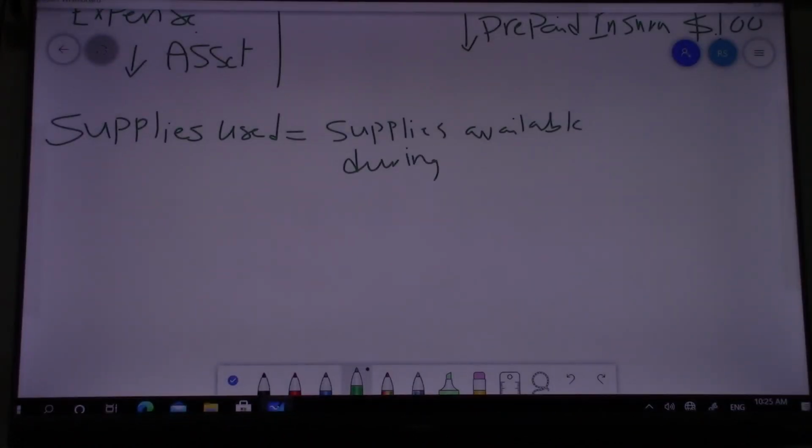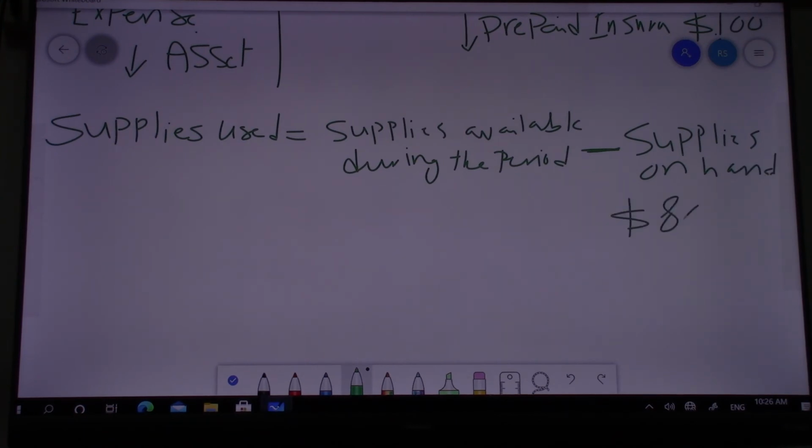Supplies used is equal to supplies available during the period less supplies on hand. The value of supplies on hand is given, $800.